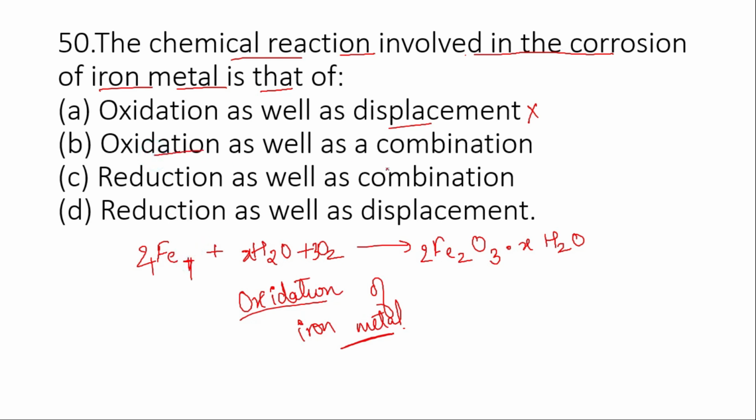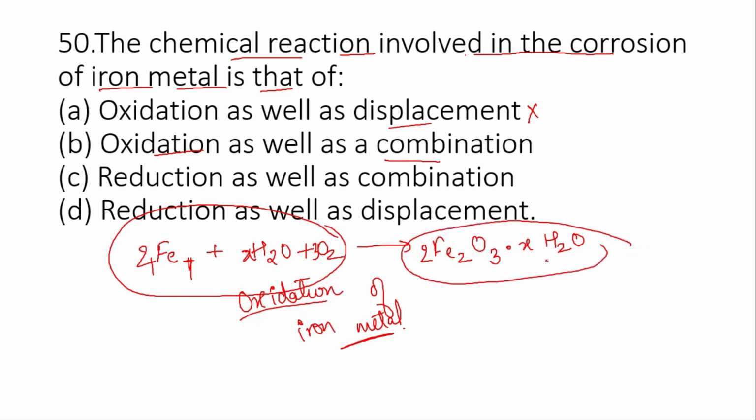Whereas when we say oxidation along with combination, yes, there is combination. All three things here are getting combined to form a single product which is brown in color and powder, or you can say brown powder, you can say it as rust, right. So that means there is oxidation along with combination. So is there reduction? No, there is no reduction, right. So both will be incorrect. So option B, which says oxidation along with combination reaction, is taking place over here.